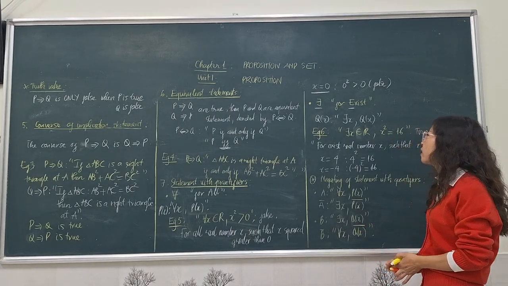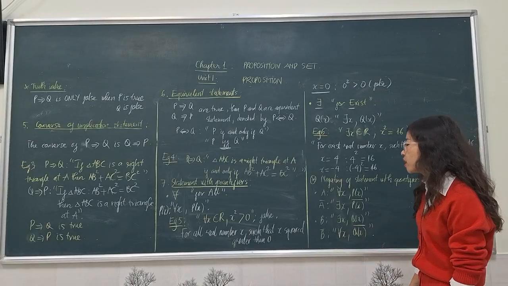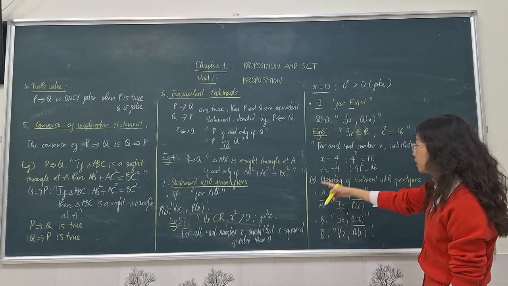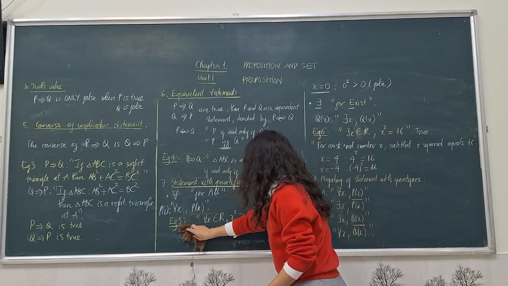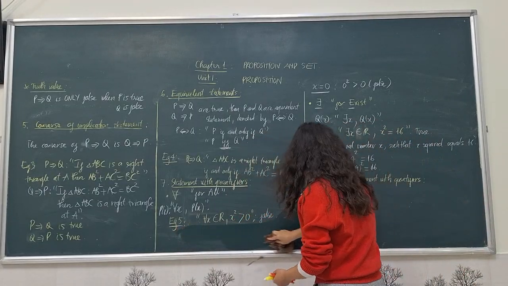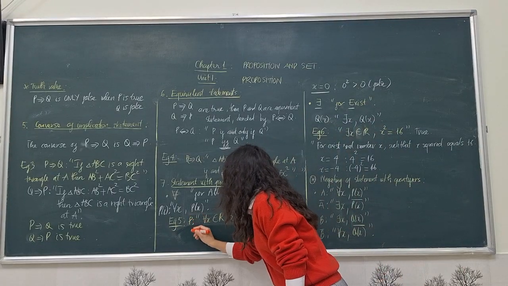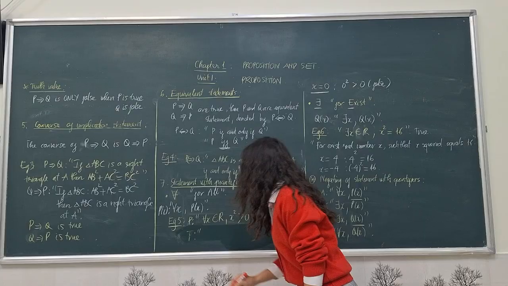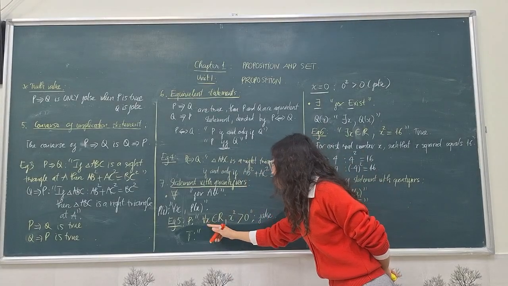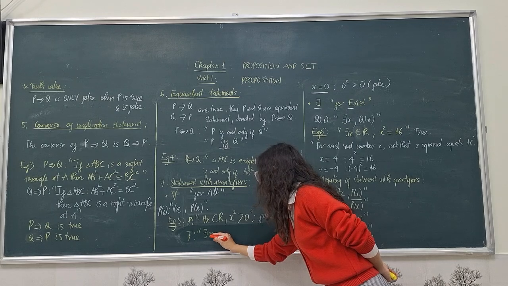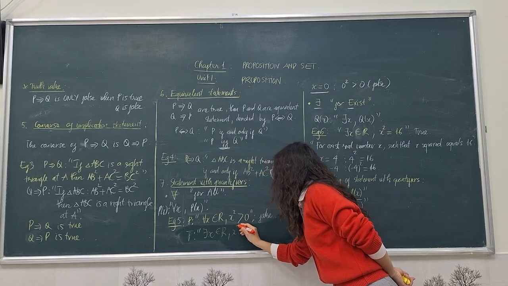Now let's find the negation of a statement with the quantifier. I call the statement P. So P bar: the negation of "for all" is "there exists," so there exists x belonging to R such that x squared is less than or equal to 0.